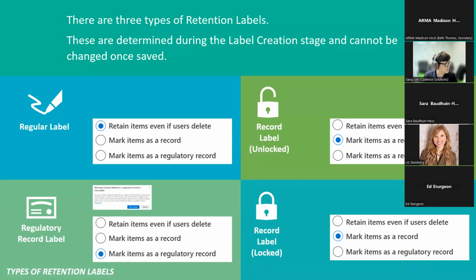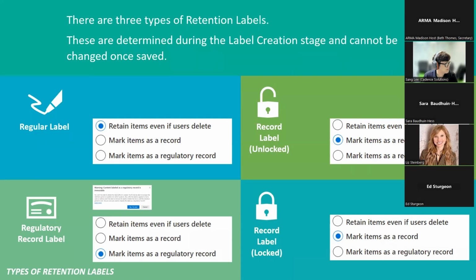However, what happens in the back is it gets stored in the preservation hold library of that SharePoint site. It will remain in that preservation hold library for the remaining duration of its retention. And then once that retention period is up, it will go into whatever the next step is, whether it's a disposition review process or a Power Automate flow.